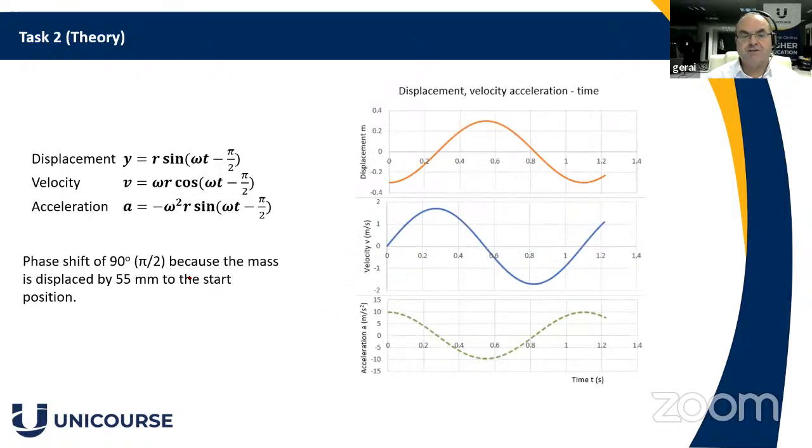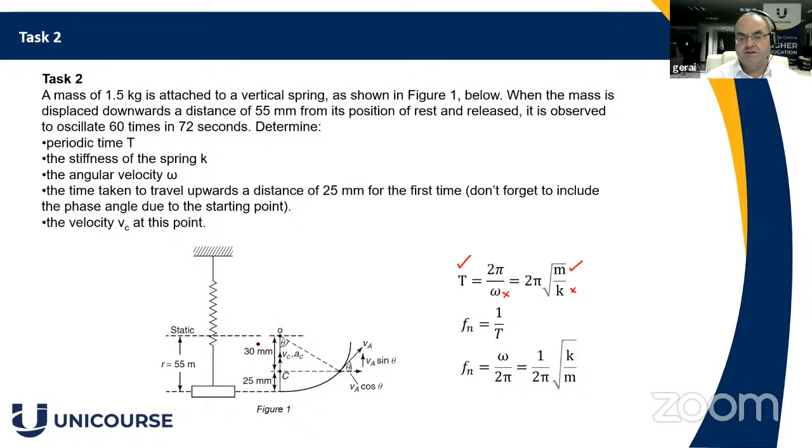So if we turn the page, the problem that we have is that the starting point is with maximum deflection. If we go back to the question, you can see that the start point is when R is 55 millimeters.